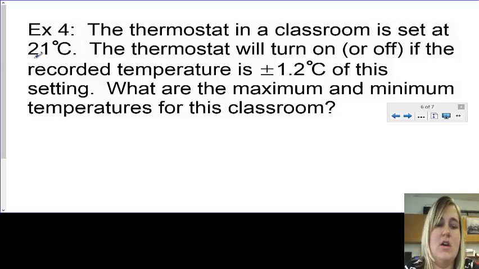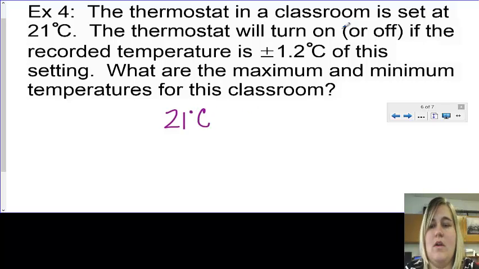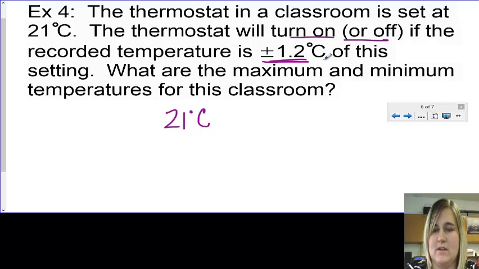Okay, so I know that the thermostat is set at 21 degrees Celsius, and it will kick on or off at plus or minus 1.2 degrees Celsius. So at plus or minus, that means that I could add 1.2 and it'll kick off, or I could subtract 1.2 and it'll kick on, whichever way, if it's heating or cooling, I guess.